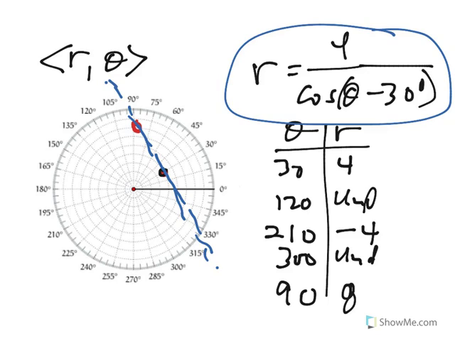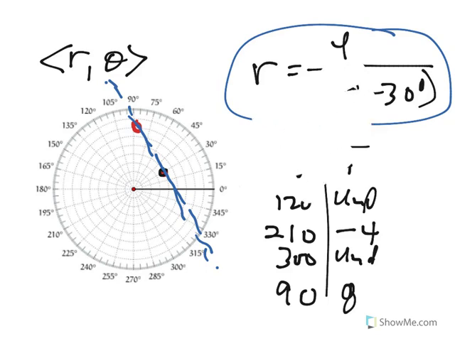But what I want to show you, and this is more complicated, is how to go backwards if I have the graph already. So I'm going to take you through that process now. Let me just erase all this.